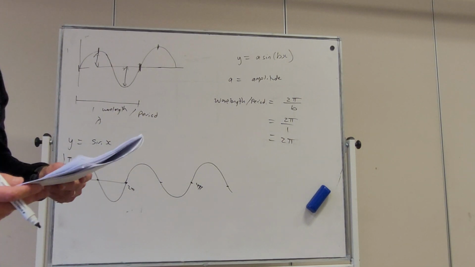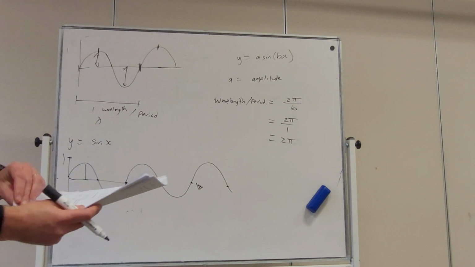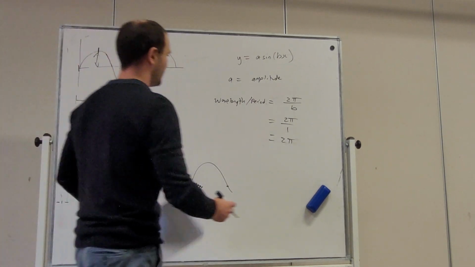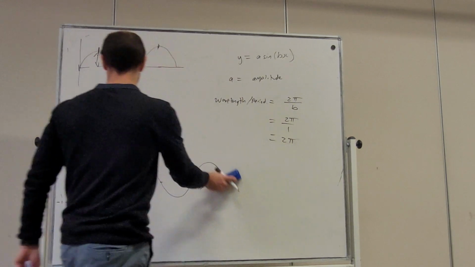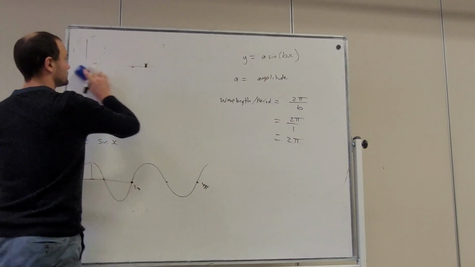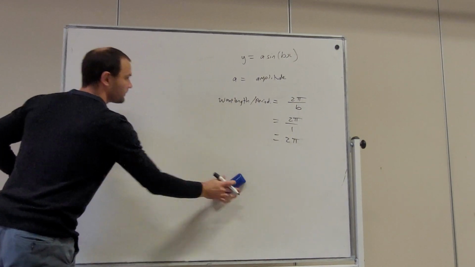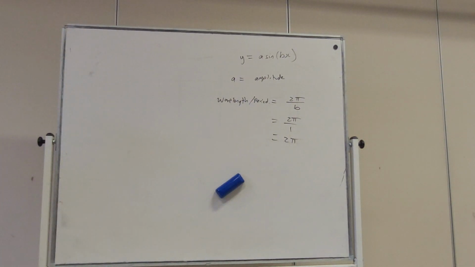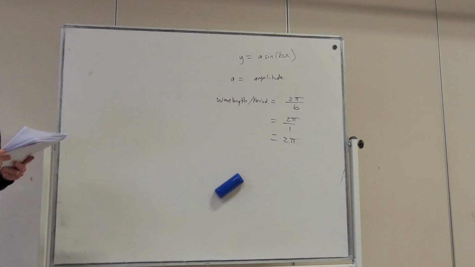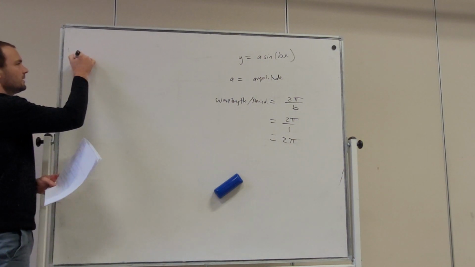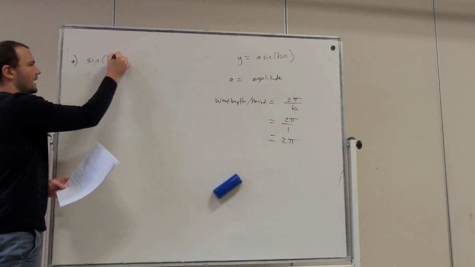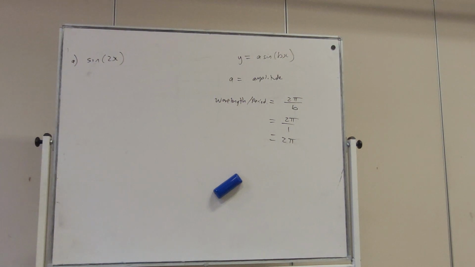Okay, so let's answer those questions at the bottom using this formula here. Calculate the wavelength of the following. So firstly, we have sine of 2x.